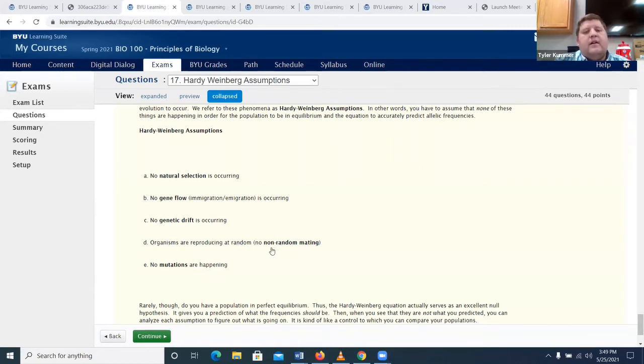The next one there is we have to have random mating. By that, I mean we can't have certain features in the population that lead to whichever sex is choosier, male or female, selecting a mate due to that feature, right?